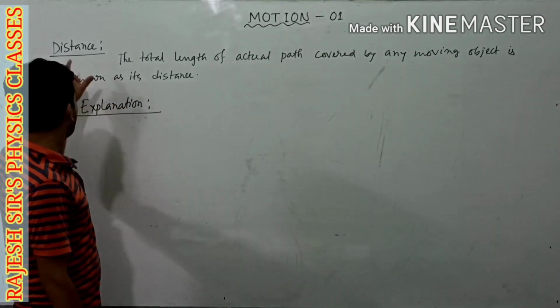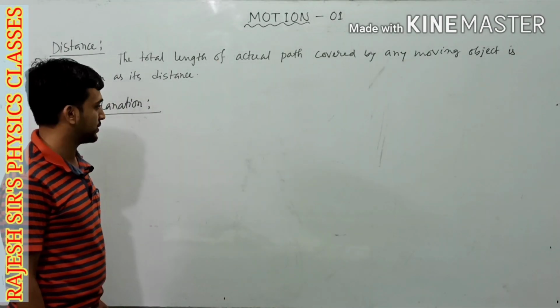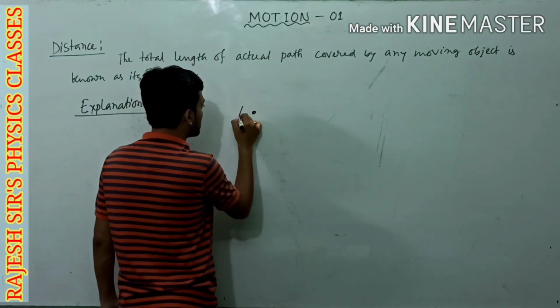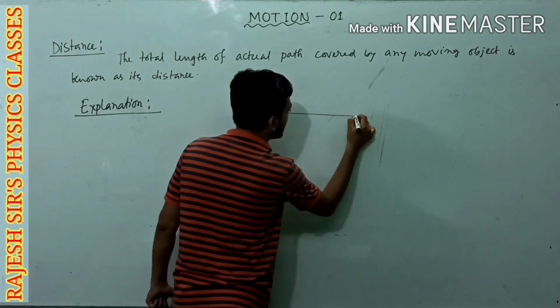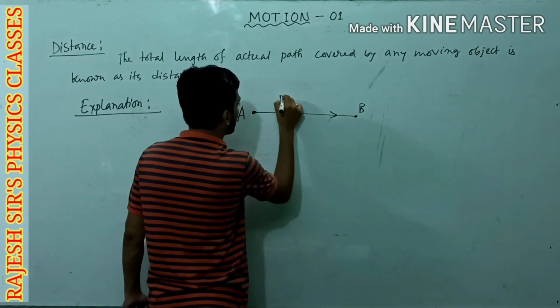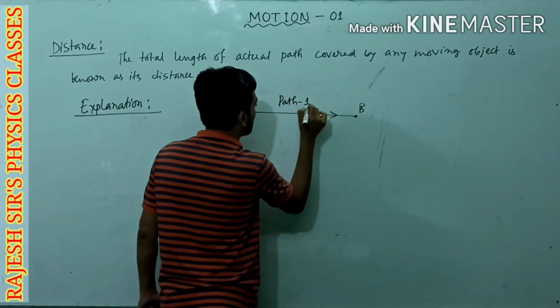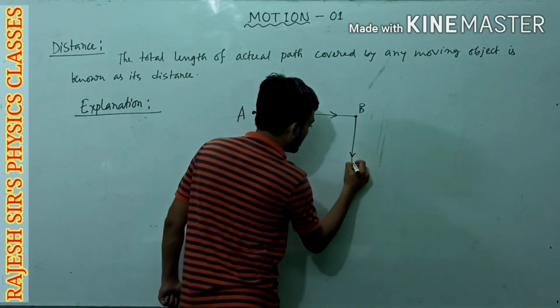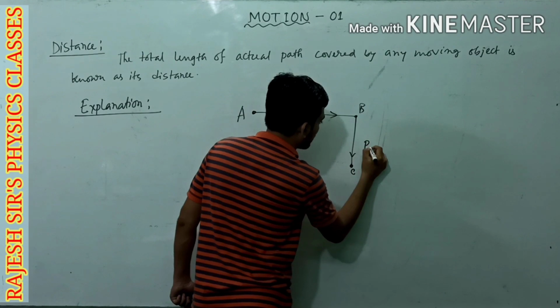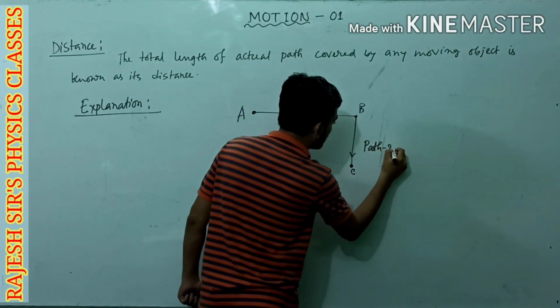Now we are going to explain distance of a moving object. Suppose a body starts its motion from A, it reaches the point B along this path, say path 1, and finally it goes to point C following path 2.